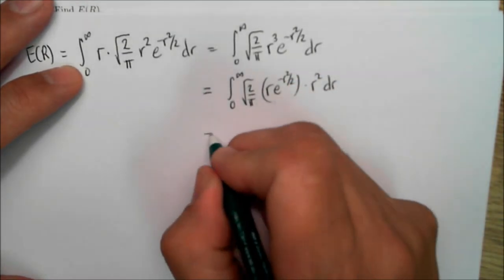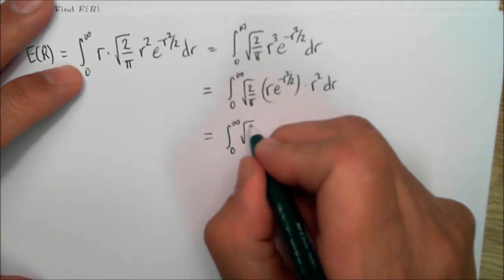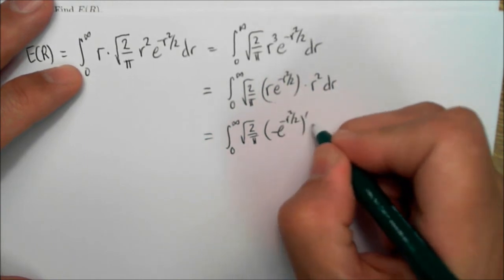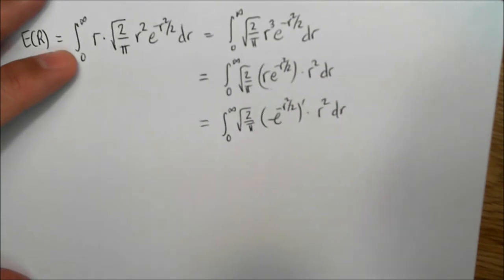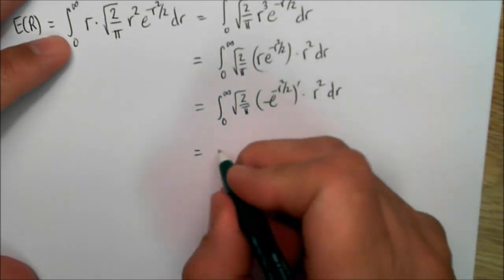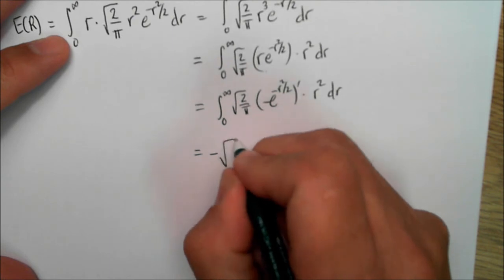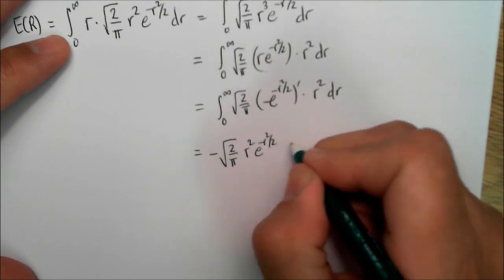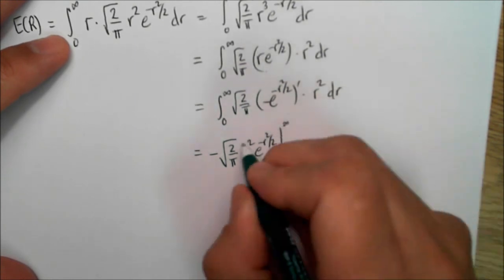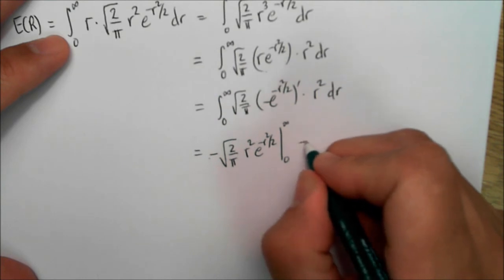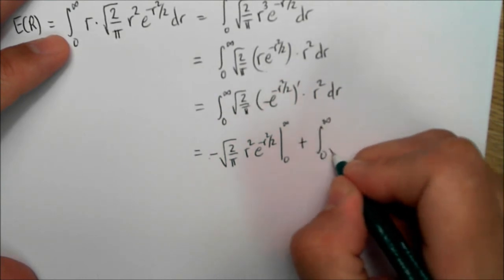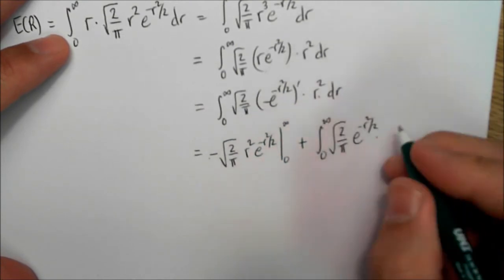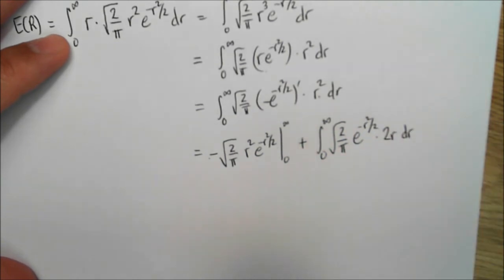And so the thing in parentheses is the derivative of negative e to the minus r squared over 2 times r squared dr. And so integrating by parts, we get negative square root of 2 over pi, r squared e to the minus r squared over 2, evaluated from infinity to 0. Then minus negative becomes plus, the integral from 0 to infinity, square root of 2 over pi, e to the minus r squared over 2 times the derivative of r squared, which is 2r dr.